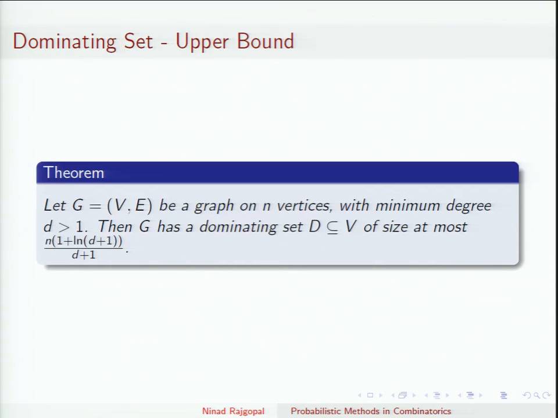This means that for any graph G which has a minimum degree D, I can always find a dominating set of size at most n times (1 plus log of D plus 1) divided by (D plus 1). This log is the natural log, that is, log to the base e.